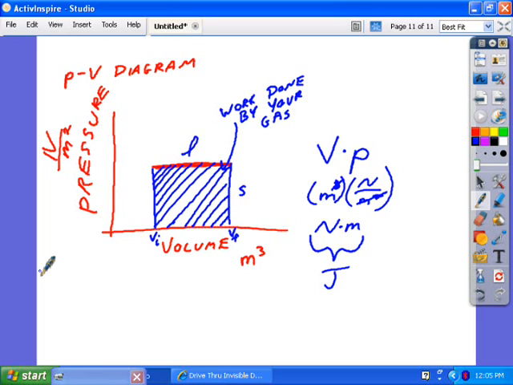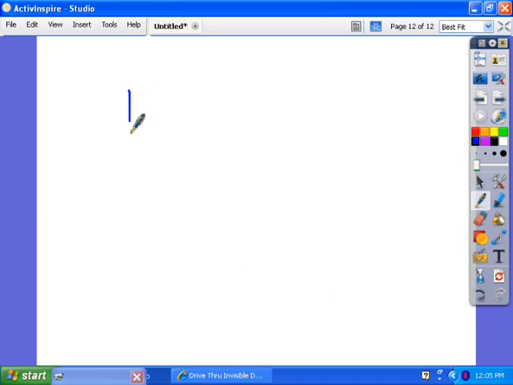Okay? Now, if we take the situation, instead of having a nice isobaric situation right here, and instead we draw up a new PV diagram, PV with some type of a curve. This is where the integration stuff's going to come back in. So, we already know that multiplying the pressure by the volume is going to give us our amount of work done.